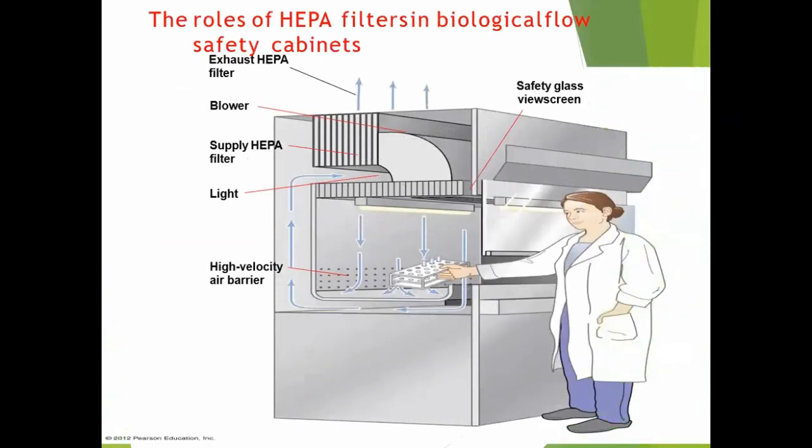Now, the roles of HEPA filtration in a biological safety cabinet. We are seeing a picture where a woman is using it for sterilization. In this picture we see an exhaust HEPA filter, blower, supply HEPA filter, light, high velocity air barrier, safety glass view screen.